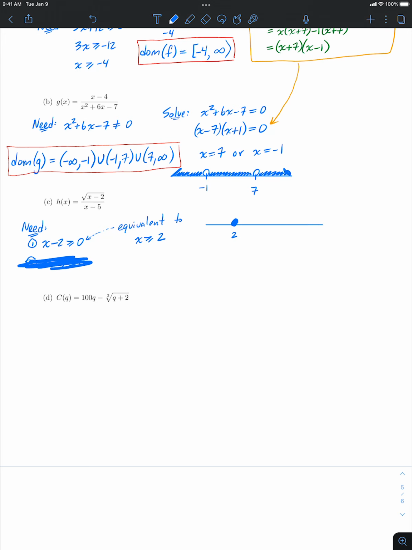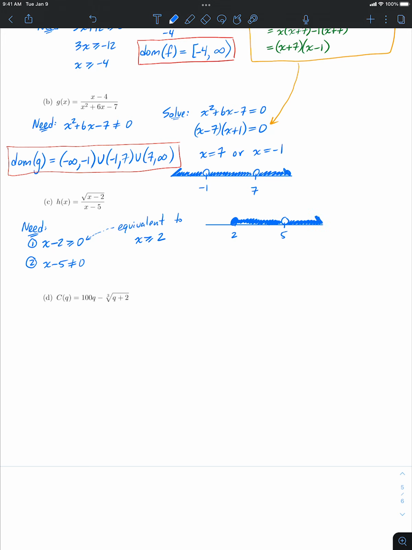However, I'm not going to ignore this. When is x minus 5 equal to 0? When would this fail? Well, when x itself is exactly 5. Right? So we're going to just make one modification here. We're going to throw away the 5, but then we're going to keep everything else the same. So we're still going to keep the number 2 and everything greater than 2, except for the fact that we're going to throw away the number 5.